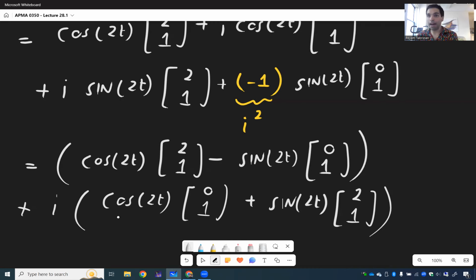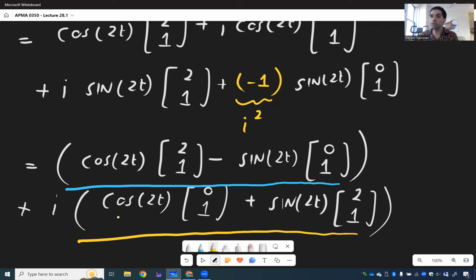Why does this matter? Well, just like for second order ODE, one complex solution is as powerful as 2 real solutions. And in fact, it turns out, and this is true, both the real and imaginary parts of this solve the ODE.